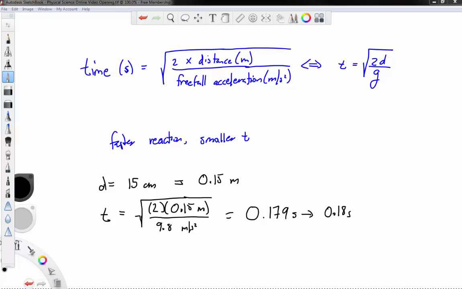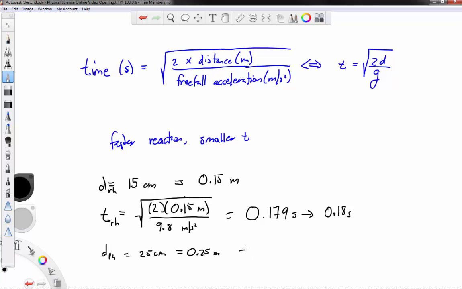So actually, if you're paying attention, you notice that I just worked the version for 15 centimeters. So this is like the time for the right hand. Now for the left hand, we had 25 centimeters or 0.25 meters.